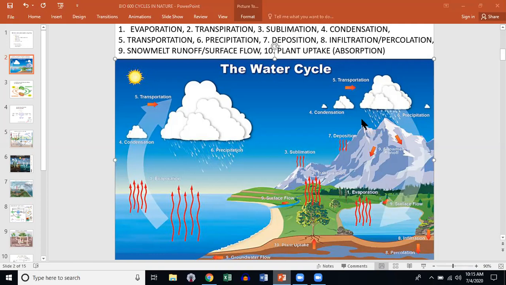So we see this gradual phenomenon of the condensation of water vapor into clouds, and then the clouds being transported by wind mostly toward mountain ranges. On the mountain ranges, these clouds plus other warm, humid air move up the mountain, cooling as it moves up. And as it cools, it condenses, and then there is precipitation.